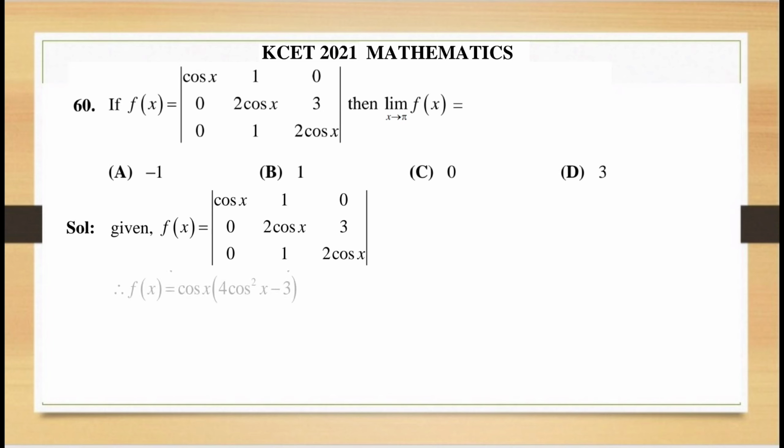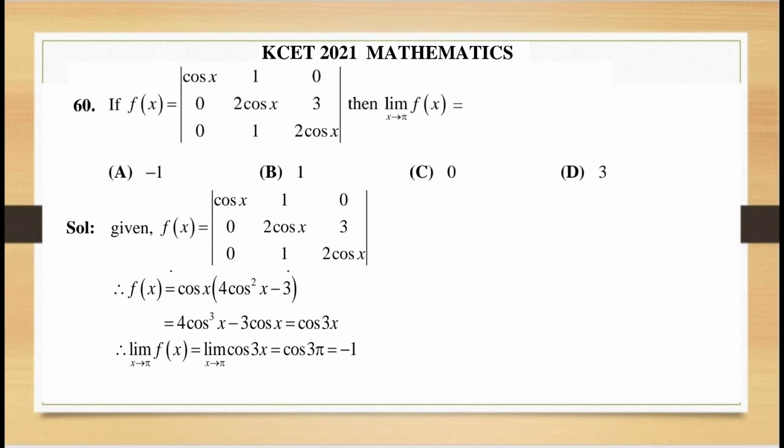Then we get f of x equals cos x into 4 cos square x minus 3, which equals 4 cos cube x minus 3 cos x, which equals cos 3x. Therefore limit x tends to pi f of x equals limit x tends to pi cos 3x, which equals cos 3 pi, which is minus 1. So option A is correct.